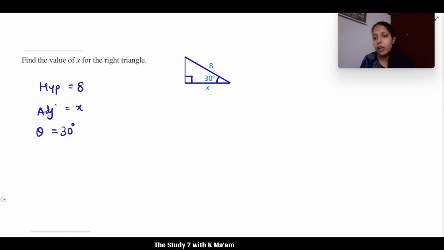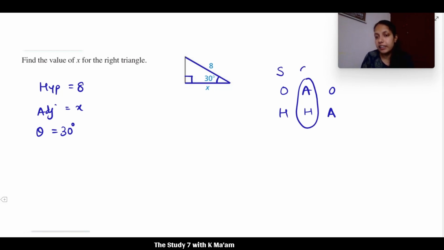In the formula of OAO HHA, which trigonometric function gives you the adjacent and hypotenuse relation? The first is sine, cos, tan, so we have cosine. Cosine theta is adjacent over hypotenuse.